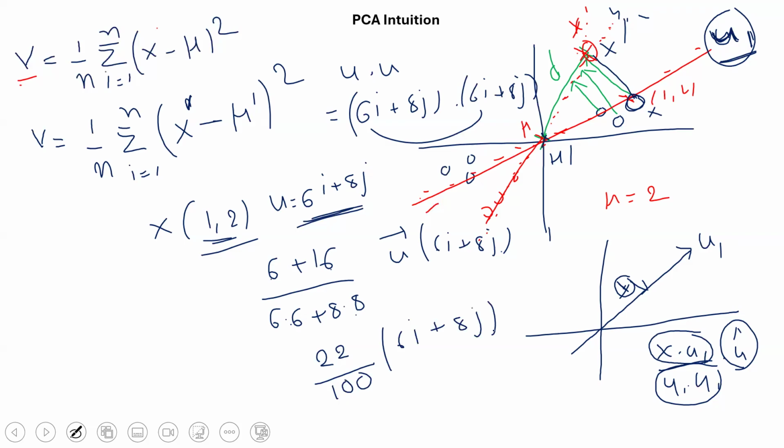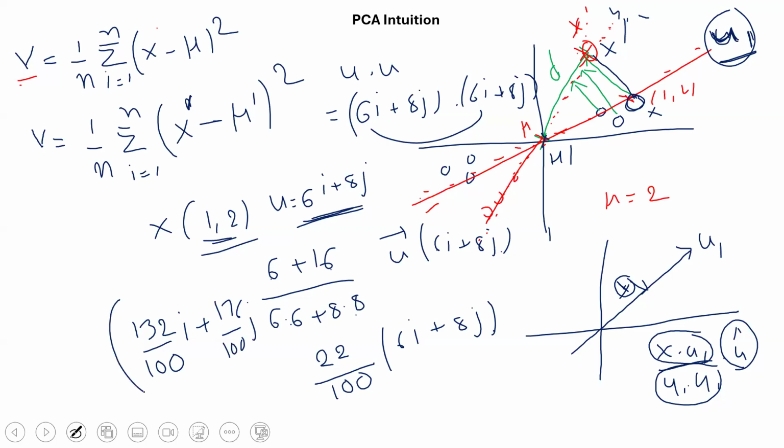When you multiply, this becomes 132 by 100 for i, and 22 into 8, which is 176, by 100 for j.